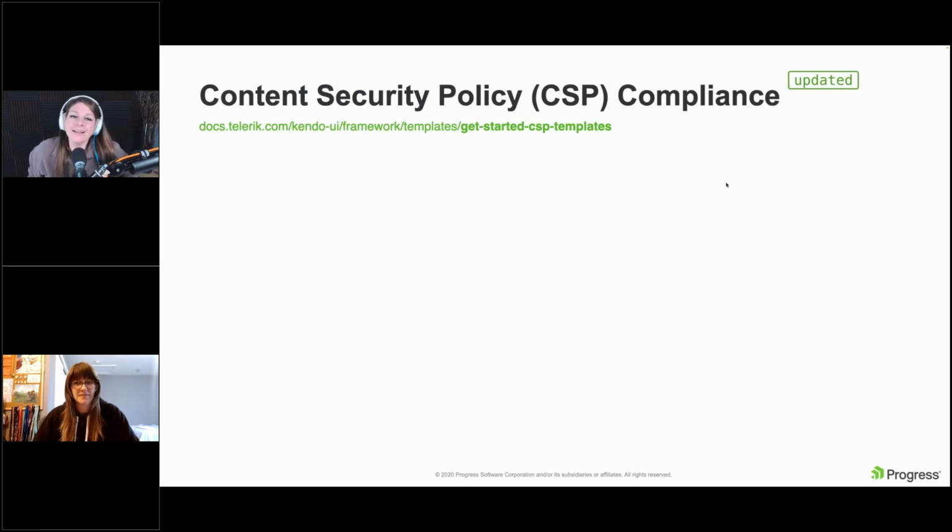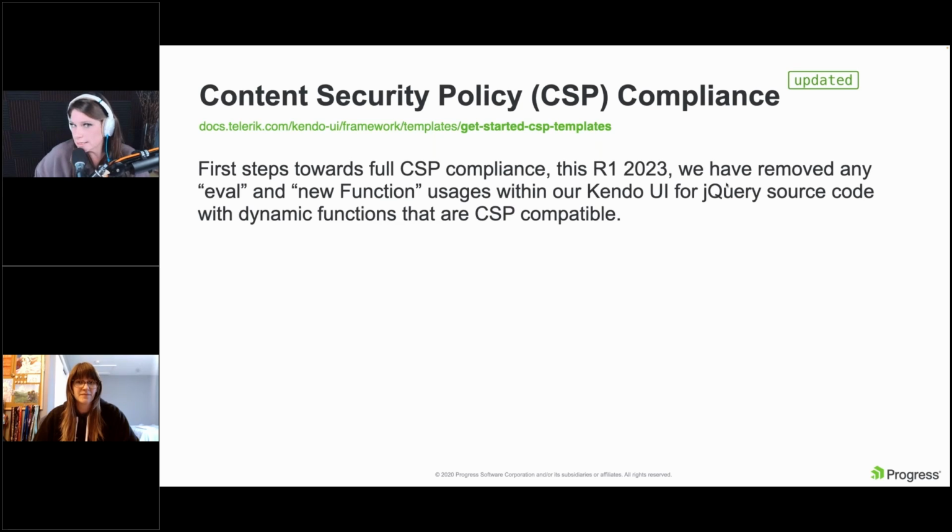CSP compliance, as I mentioned earlier in the Angular portion, looks a little bit different per library and framework. I always get confused on what's what. The first steps towards CSP compliance: this release for jQuery removed any eval and new Function usages within our Kendo UI for jQuery source code, whether user facing or just internal.